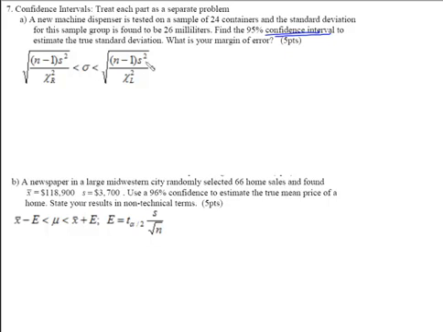We have our n equal to 24 containers, and our s equal to 26. And it looks like sigma is unknown, so we just need to figure out what our chi squared sub L and chi squared sub R are equal to.